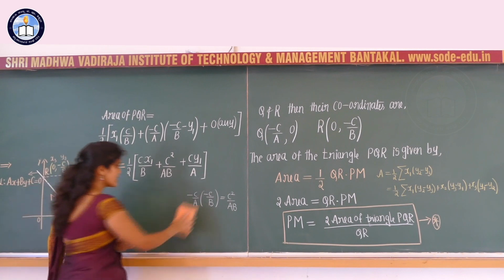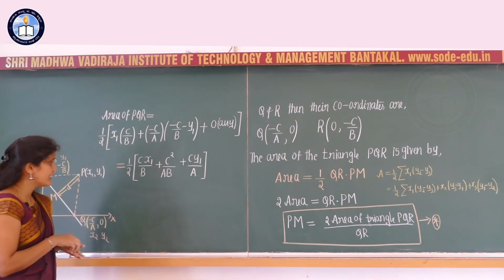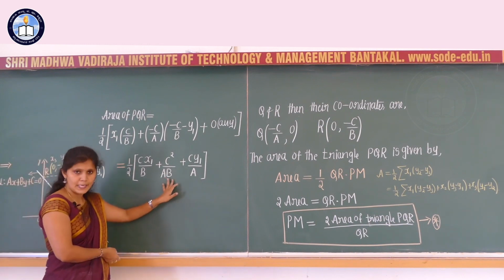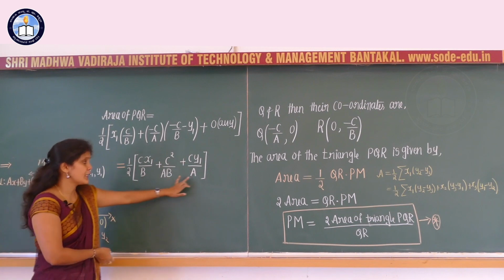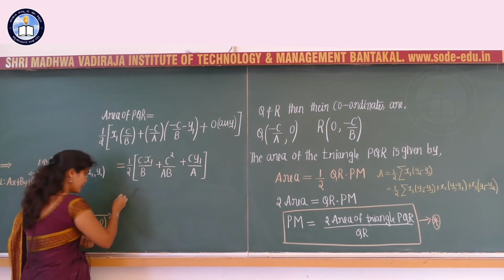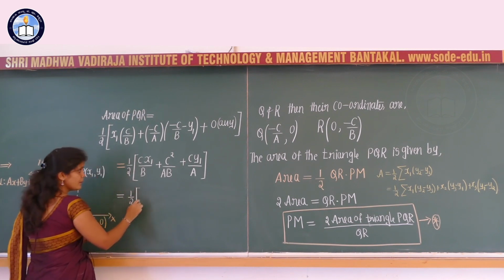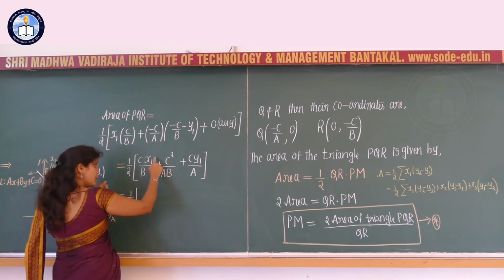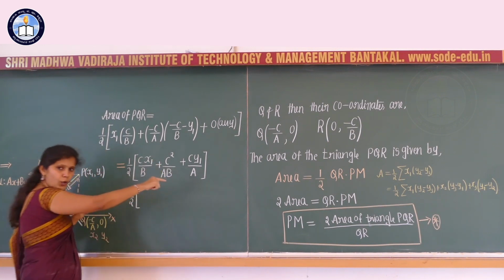So now let us simplify, and if we are simplifying, what is the denominator of the second term, that is ab, denominator of the first term, that is b, and denominator of the third term, that is a. So therefore here I can write like this, that is 1 by 2 into, for this first term I will multiply and divide by a in order to get the same denominator.